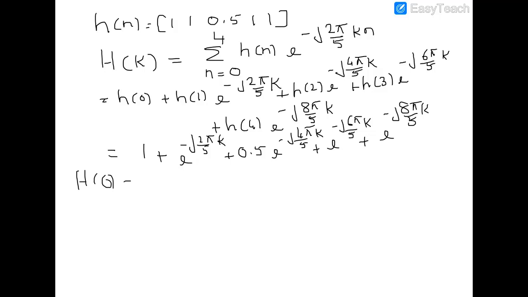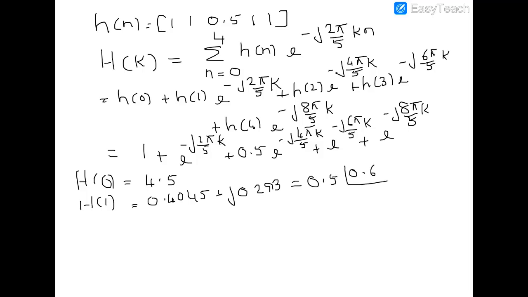H of 0 is equal to 4.5. H of 1 is 0.4045 plus j times 0.293, that gives us 0.5 at an angle of 0.628.